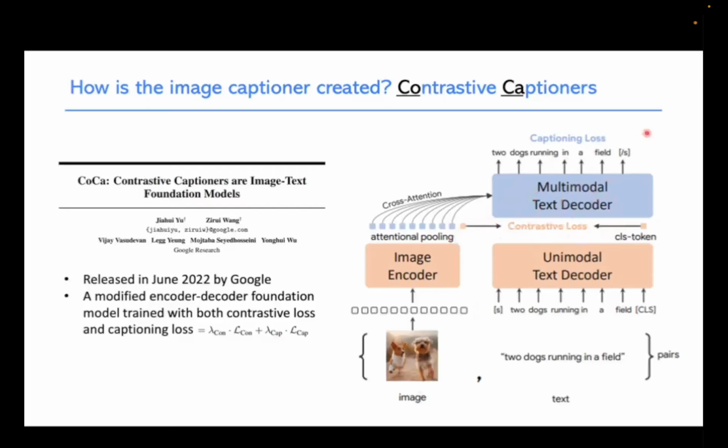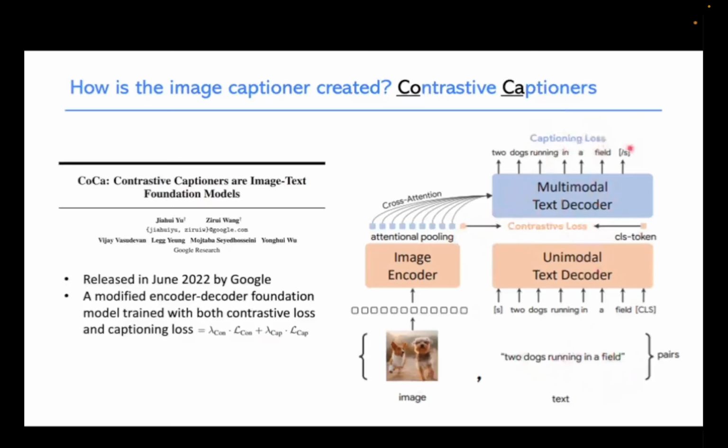One quick question: what's the captioning loss? The captioning loss is to compare the generated caption with the input text here. Because you want to generate captions based on the images, and you want them to be as similar as the ground truth.